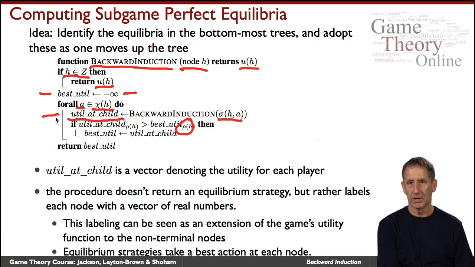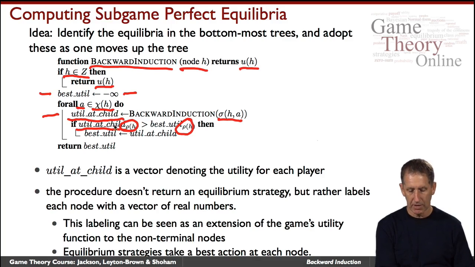We'll be going over all the children one at a time, and if ever the utilAtChild is better for the agent than the best util so far, we'll update the best util. That's what's going on here. So this is what this says. It says utilAtChild is a vector. So look at the element of that vector corresponding to the agent we care about, the agent in node h.